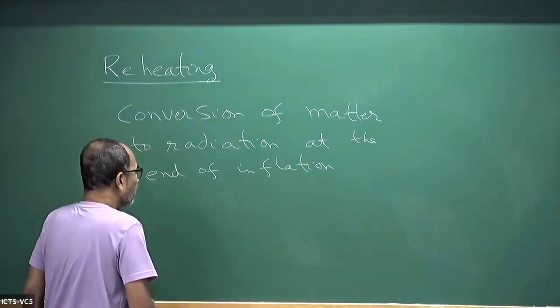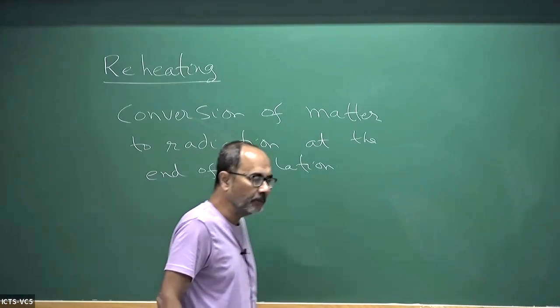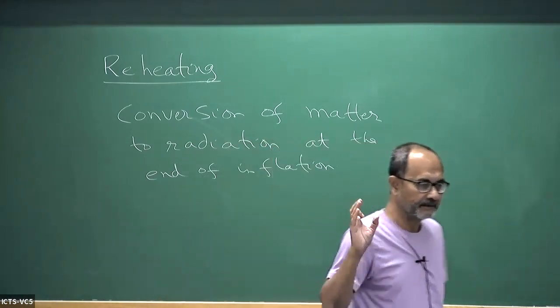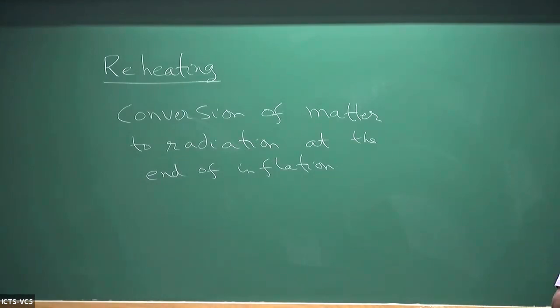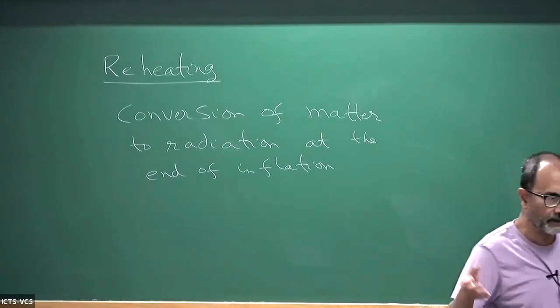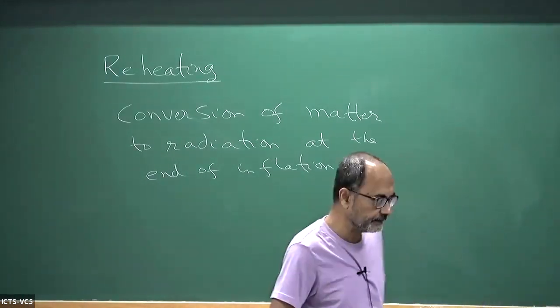Okay. So we'll take the simple model where we'll assume that the energy density gets contribution from two sources. One is a matter source, that's the phi particle, and the other is radiation. We will not try to distinguish between different components of the radiation.